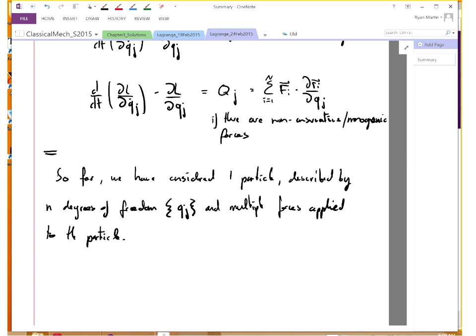So we found that we could sum all the forces acting on one particle into separate potential energies that added up into one total potential. So mathematically, there's really no difference when we're doing Lagrange's equation in considering the system to be composed of many particles, so that T is now the sum of the kinetic energies, and V could be many forces on many particles, and so it's the sum of all the forces.